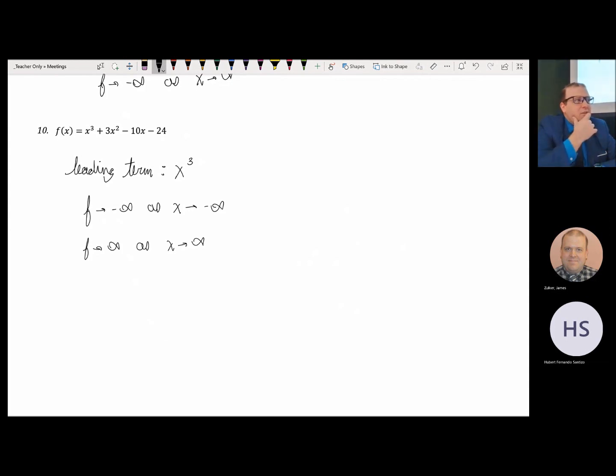Coefficient is the coefficient of the leading term, the leading coefficient. So what's the coefficient of x cubed?